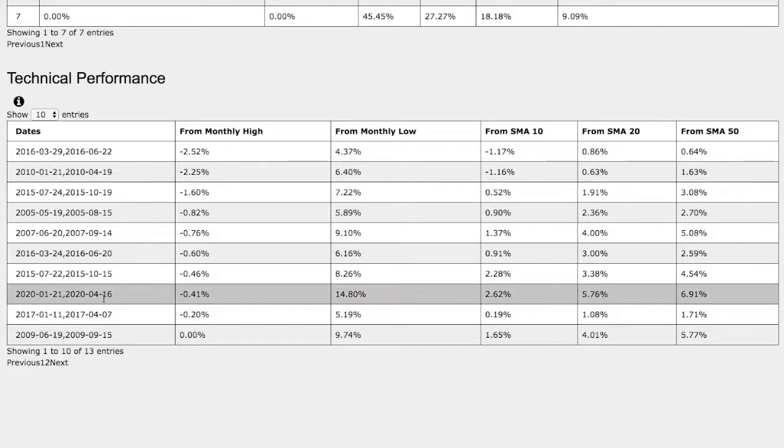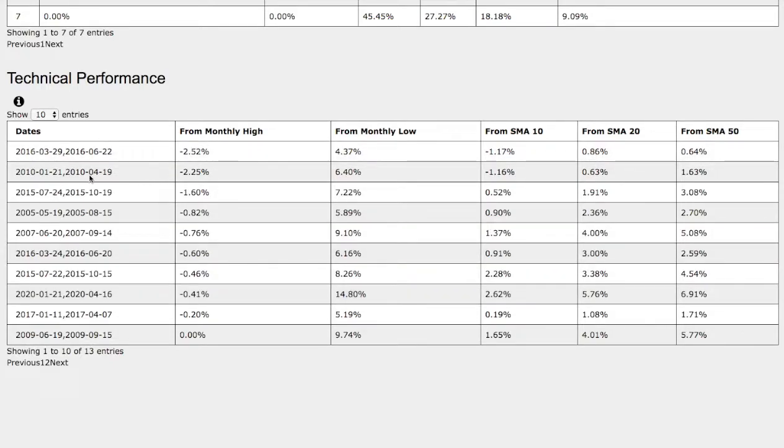So the trend that we're currently in, we're down 41 basis points from monthly high, up 15% from monthly low, up 2.6% from 10 simple moving average, up 5.8% from 20 simple moving average, and up 7% from 50 simple moving average.